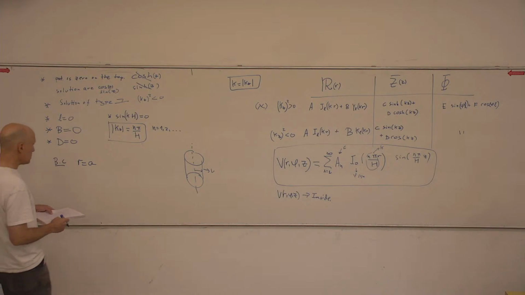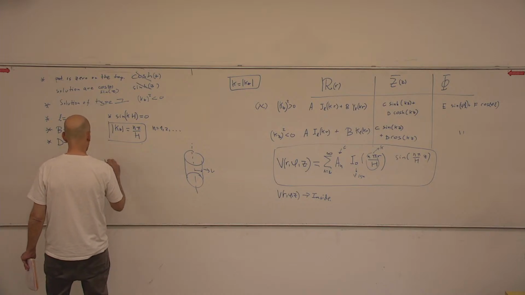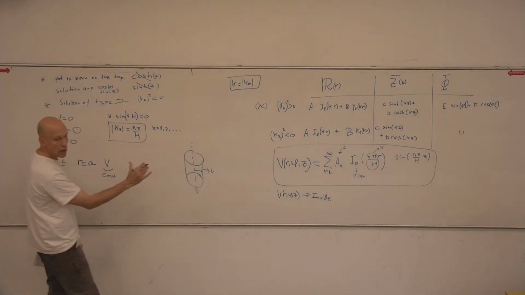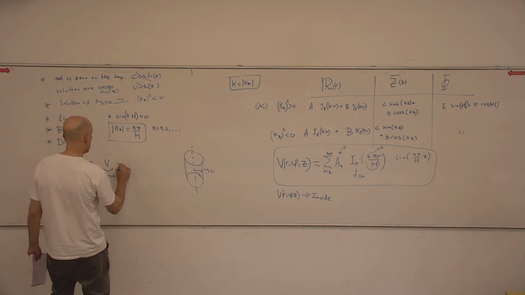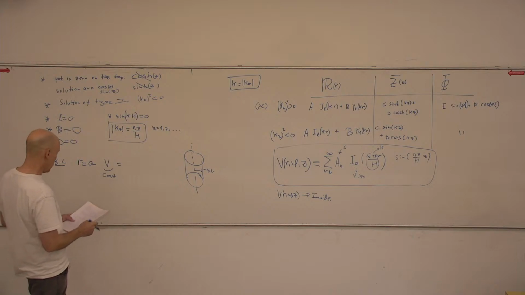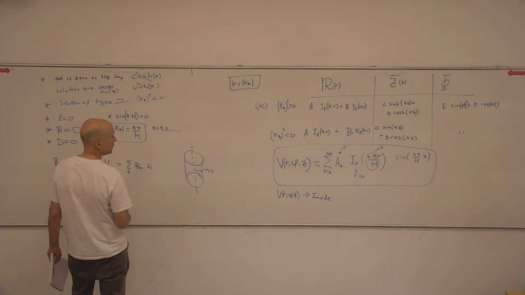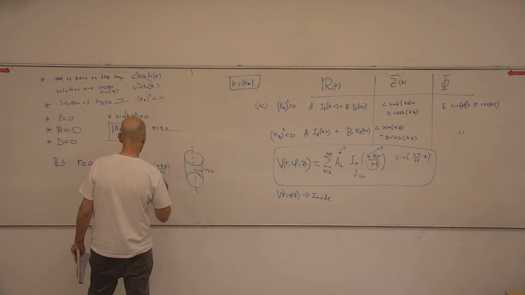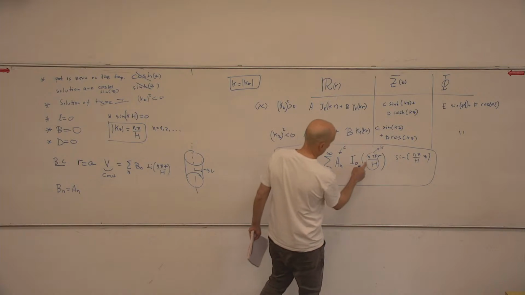And then I'm going to write this solution like this. I'm going to write sum V. This is a constant. What is this constant? It's a constant given on the boundary. We know what this V is. This is the input for the problem. This number is equal to the following: sum over n of B_n sine(n pi z over h). And what is B_n? A_n times I_0 of n pi a over h.